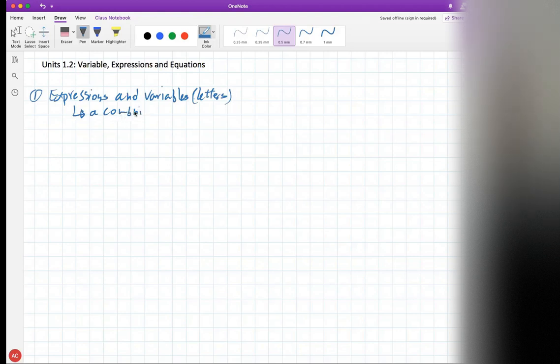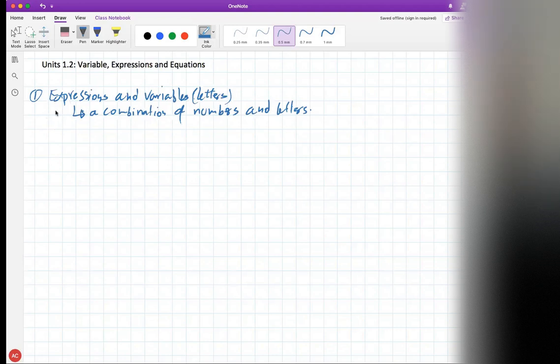The combination of numbers, just regular numbers, integers, and letters. That's what an expression is.